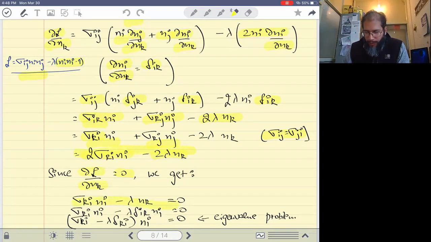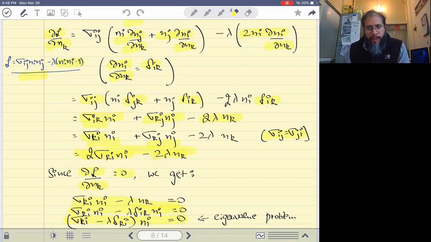So I can write lambda times nk as lambda times delta ik ni, and if I take ni common, I get sigma ki minus lambda delta ki times ni equal to 0. Now this may seem a bit familiar to you.